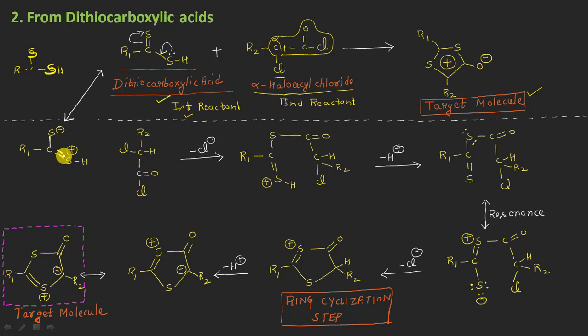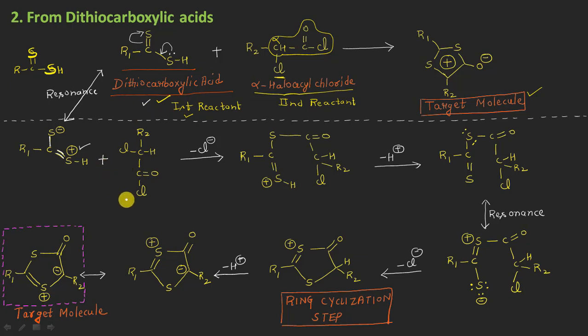Moreover, because the sulfur here is forming 3 bonds, it is better to put a positive charge in this way, right? This is actually the simple resonance in this starting molecule, such that now you can see here, let me put a plus sign.